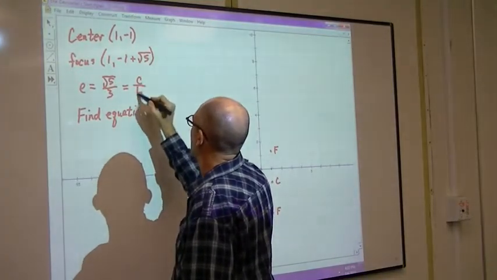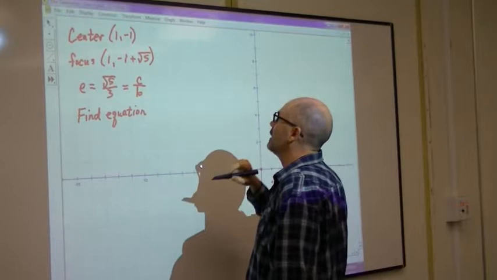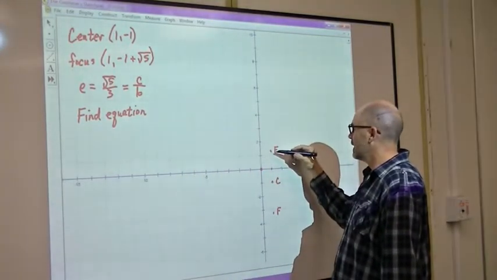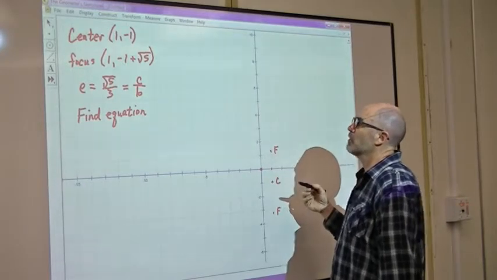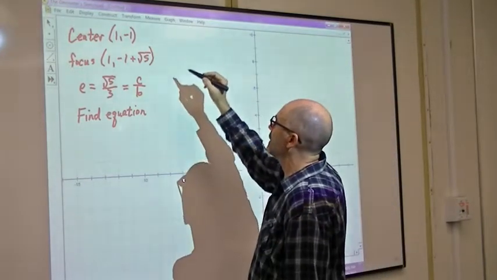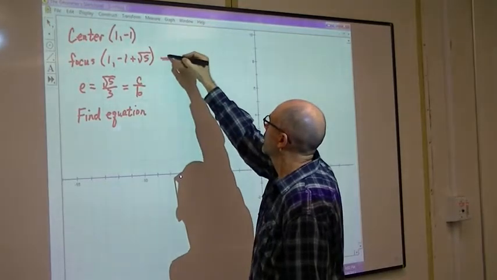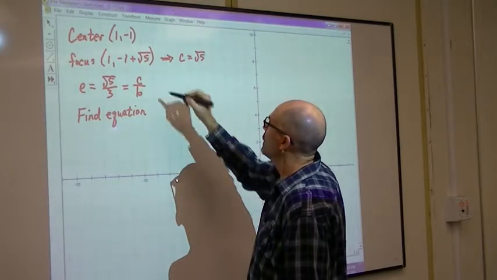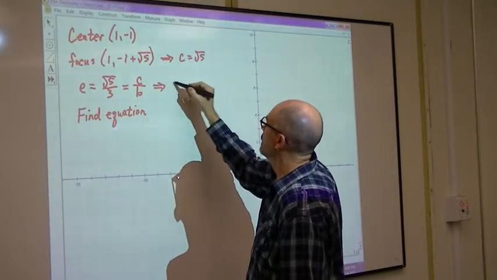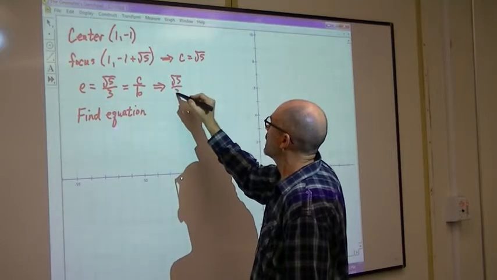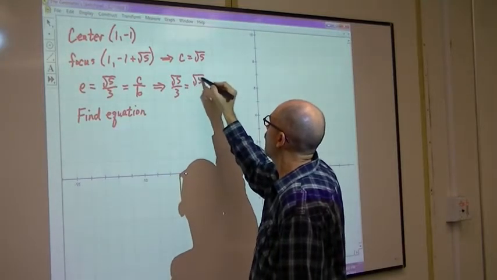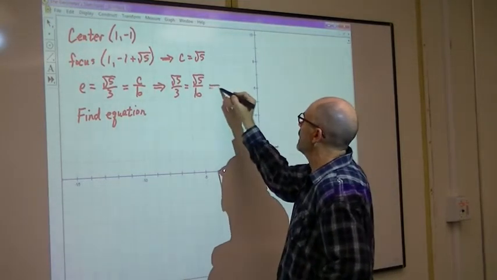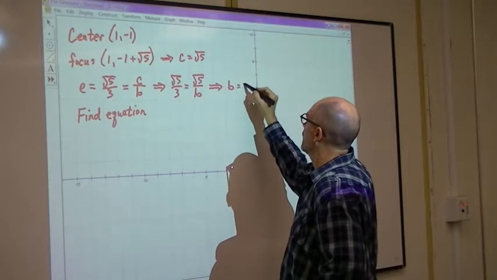And the distance from the center to the focus is square root of 5, so c is square root of 5. So that means that square root of 5 over 3 equals square root of 5 over b. Well, that tells us that b equals 3.